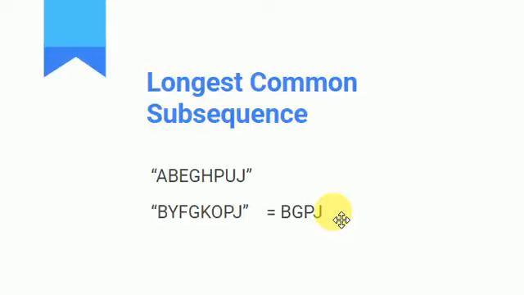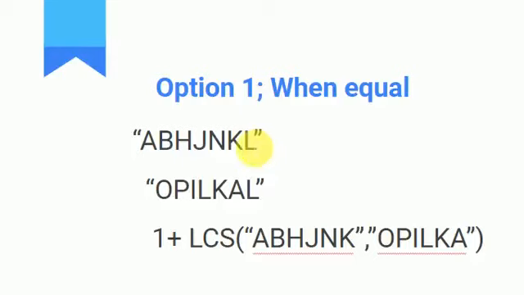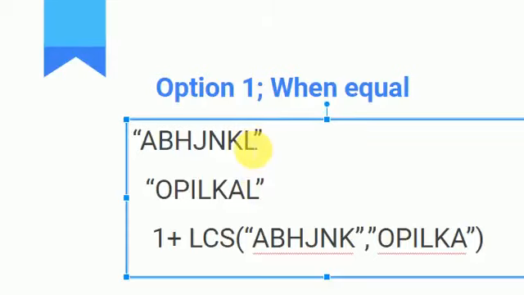So we have to evaluate two choices. Option 1: whenever you are given two strings, string 1 and string 2, when the last two letters are equal, then one letter is there in the longest common subsequence, so you just add 1 plus, and now you try to find the longest common subsequence in the substring.